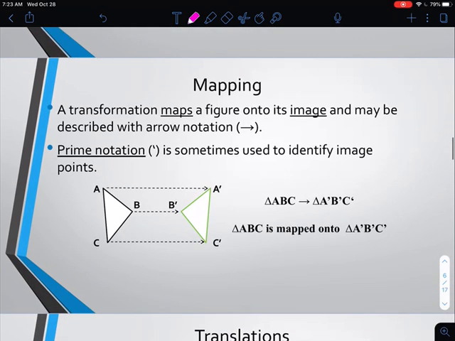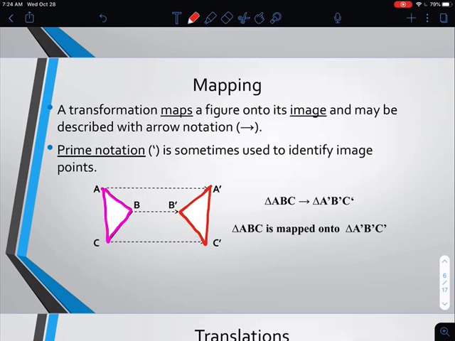A mapping is what we use to tell how we went from one location to another. So how did we get from this figure to this figure? From the pre-image to the image, what happened? Down below in the picture here, we have this triangle in black, ABC, and then we transform it by shifting it and reflecting it over to this triangle on the right, A prime, B prime, C prime.